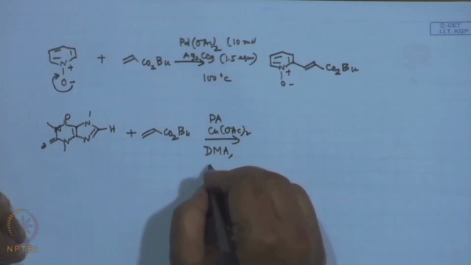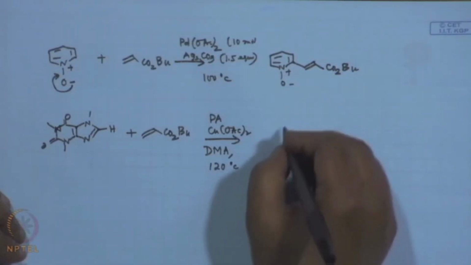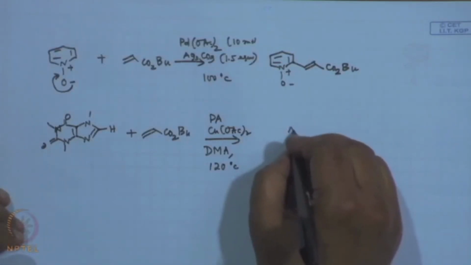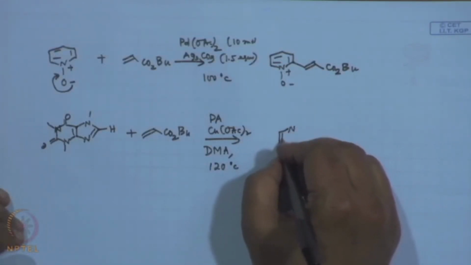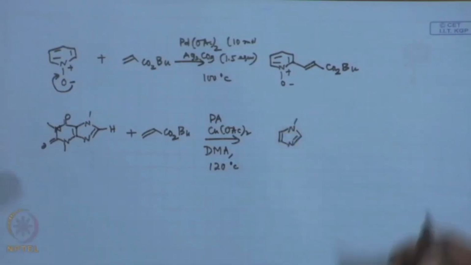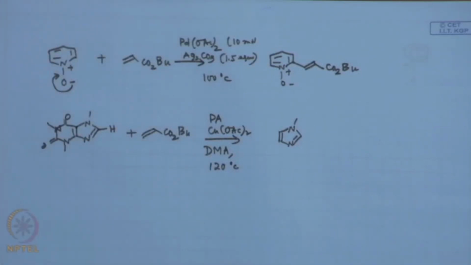So the temperature can be raised to 120, and all of us can now write the product. In this case the oxidant is cupric acetate, that is all.